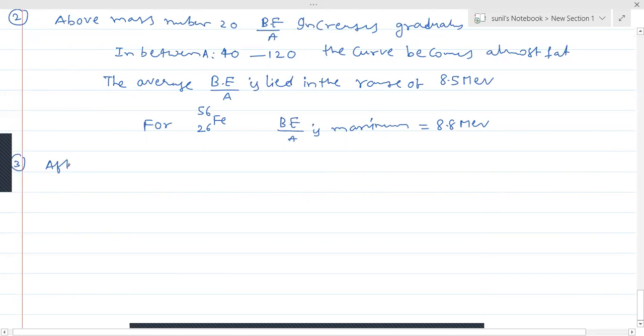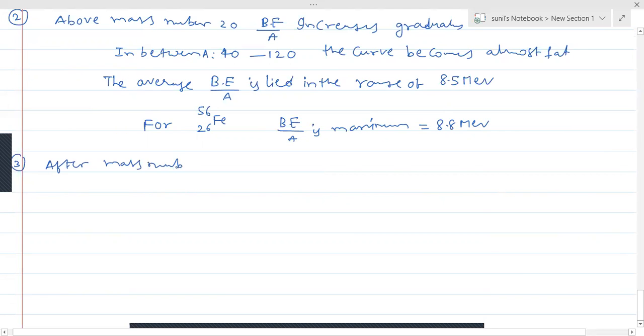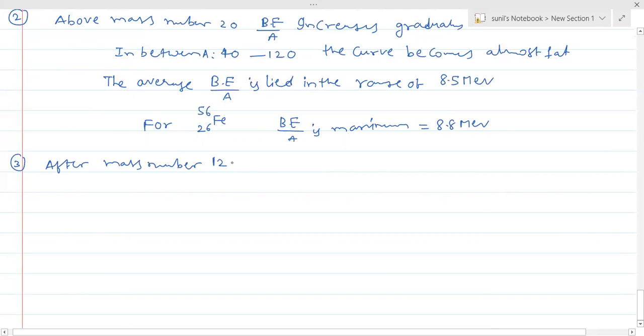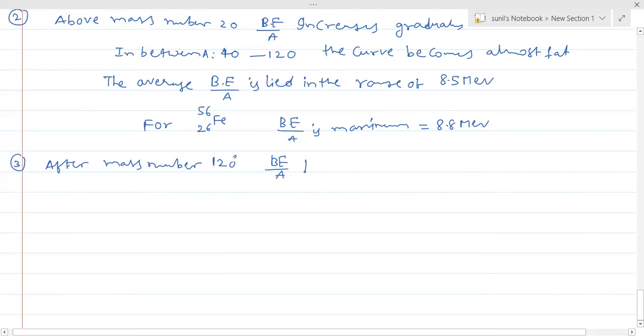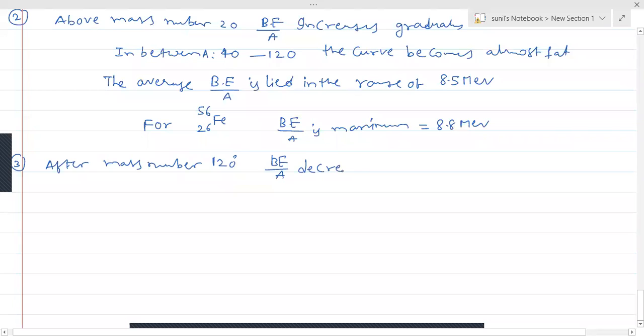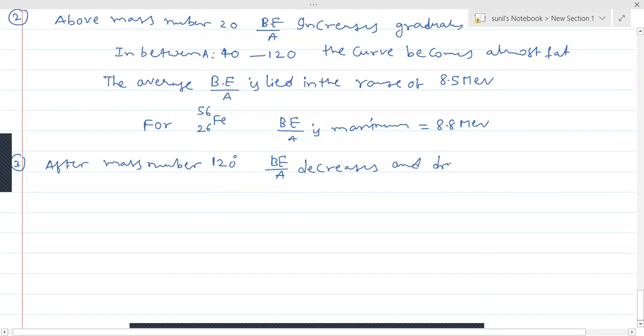And after mass number 120, the binding energy per nucleon decreases and drops up to 7.6 MeV for uranium.